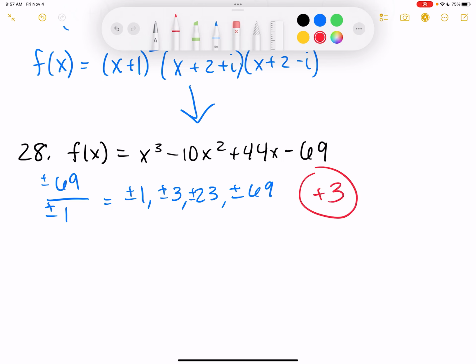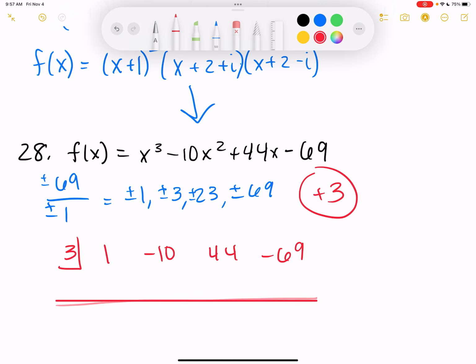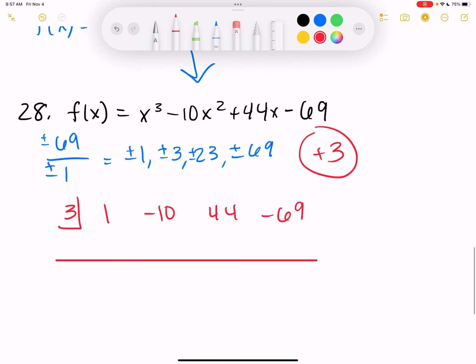So set up your synthetic. Remember, if any terms are missing, we have to put in a 0. None are missing, so we're good. 1, negative 10, 44, negative 69. And it needs to be equal to 0 when we're done for it to be a factor. Bring down the 1. 1 times 3 is 3.